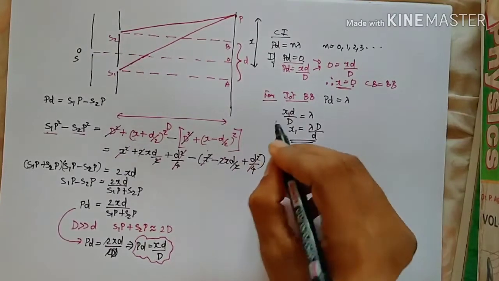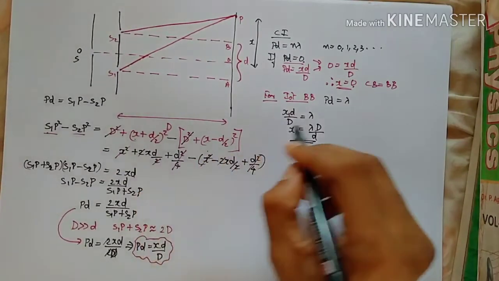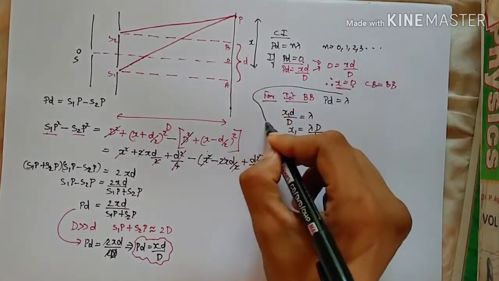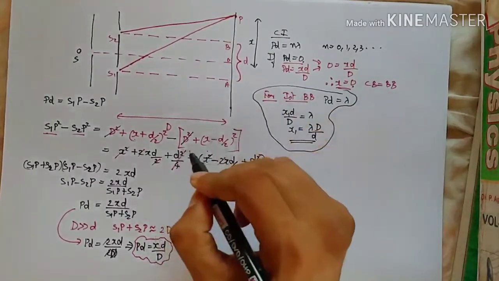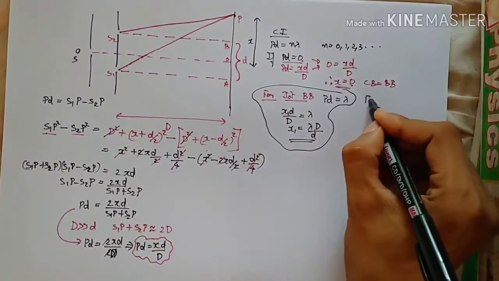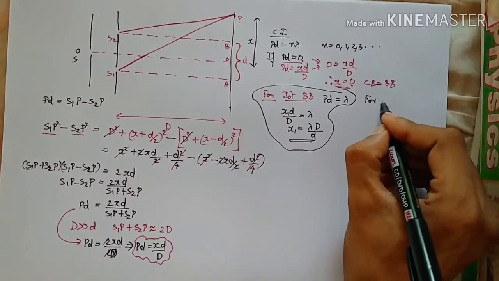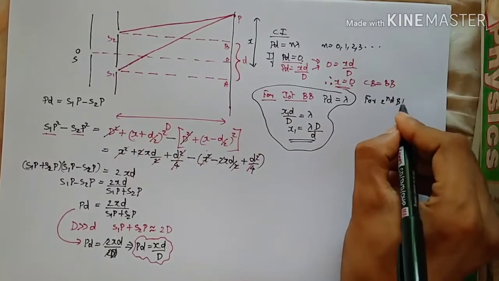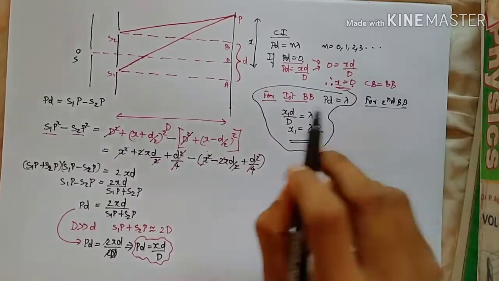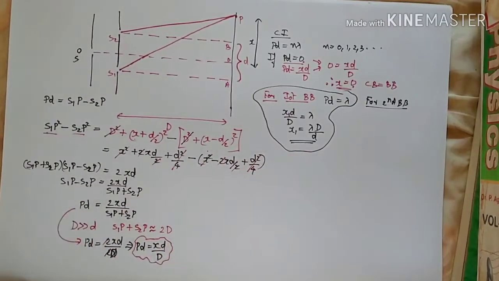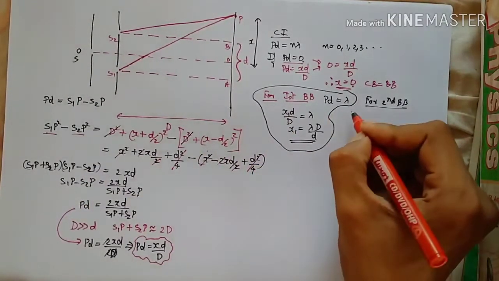Let's use this. Then let me write another case, that is for the second bright band. For the second bright band, what is the case of path difference?